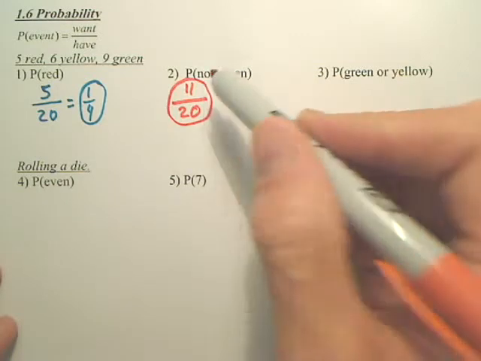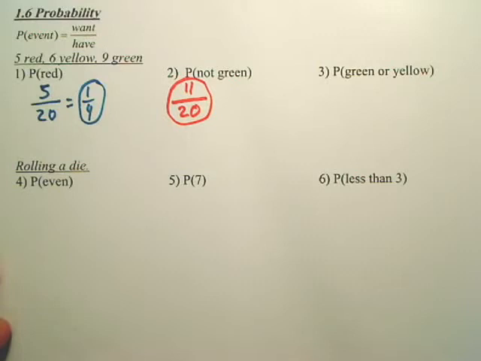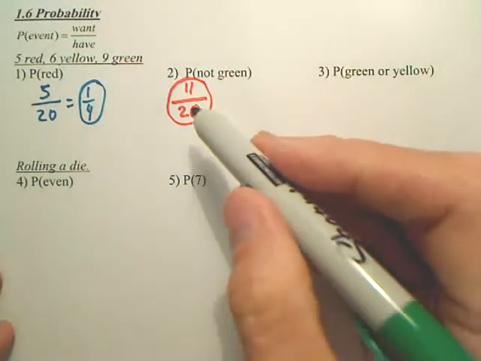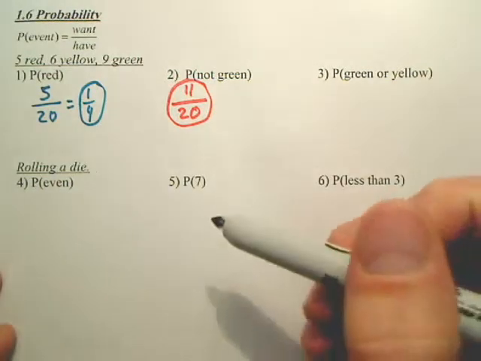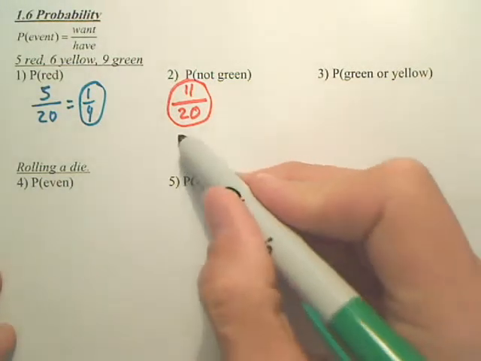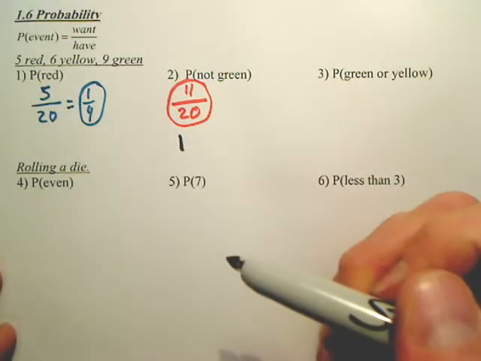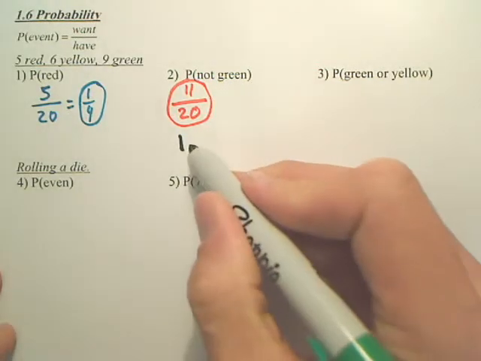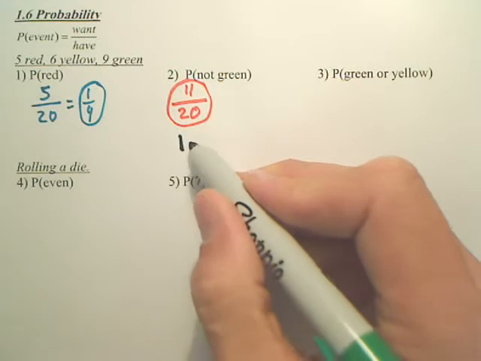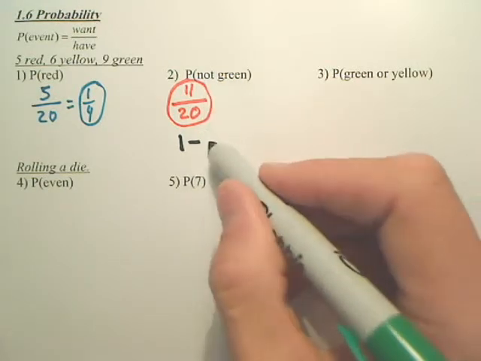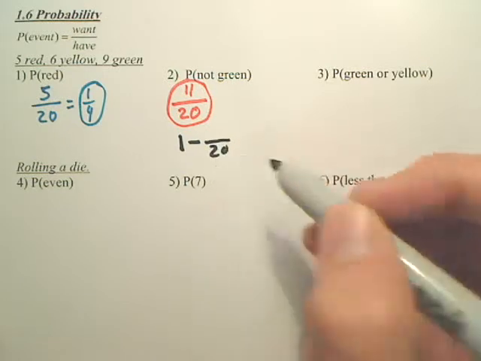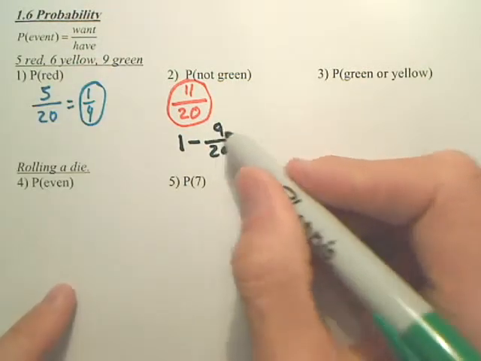Can't reduce that. Now, there is another way of doing this, which is kind of cool, but kind of more complicated for people. Here's the other way. Do you understand 1 is 100%? If I take a 100% chance, minus, does it not mean minus? And then green. What's green? Isn't it 9 out of 10?